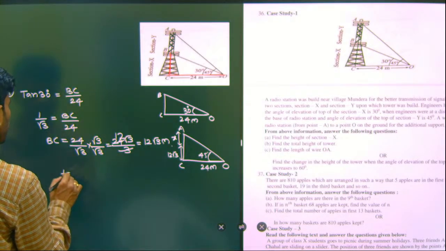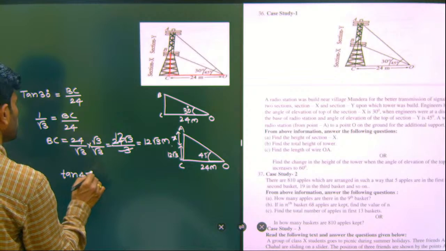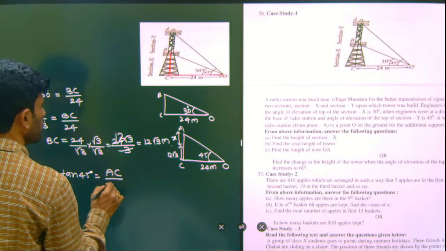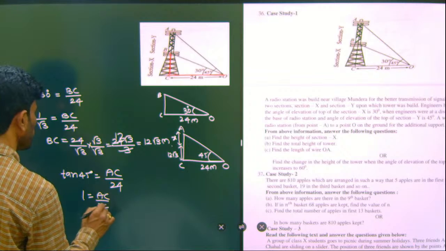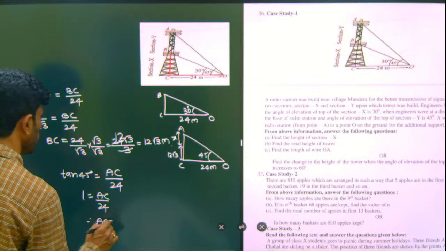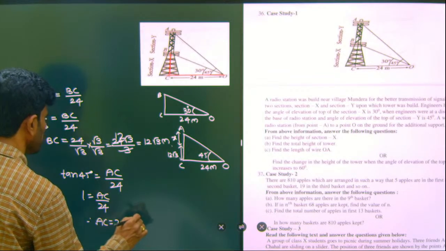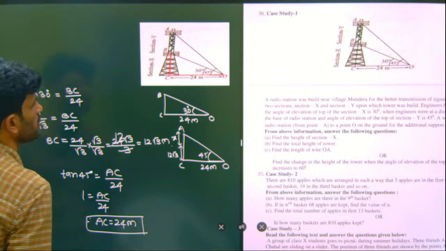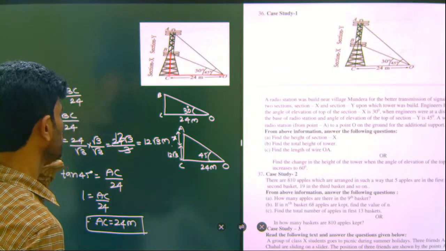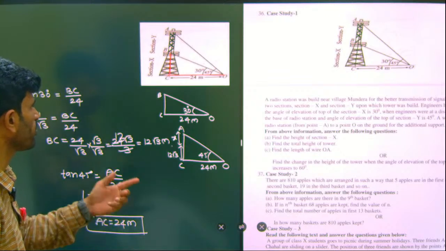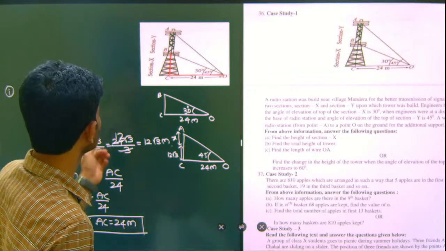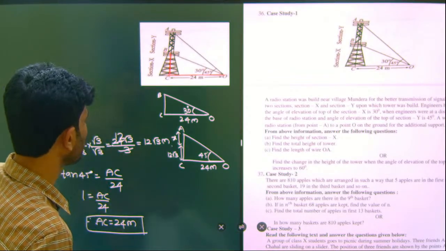So tan 45 degrees is equal to, directly we can do like this, AC by 24. 1 is equal to AC by 24, therefore AC is equal to 24 meters. Total height is 24 meters. Section Y is what I did now: if they ask, it is 24 minus 12 root 3; if they ask total height, it is 24 meters.